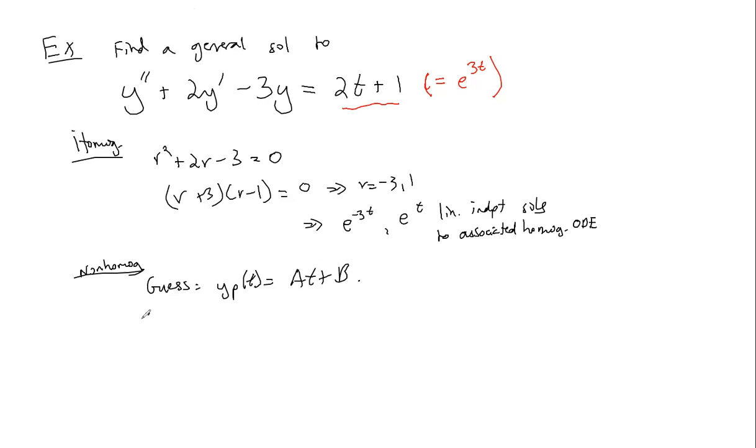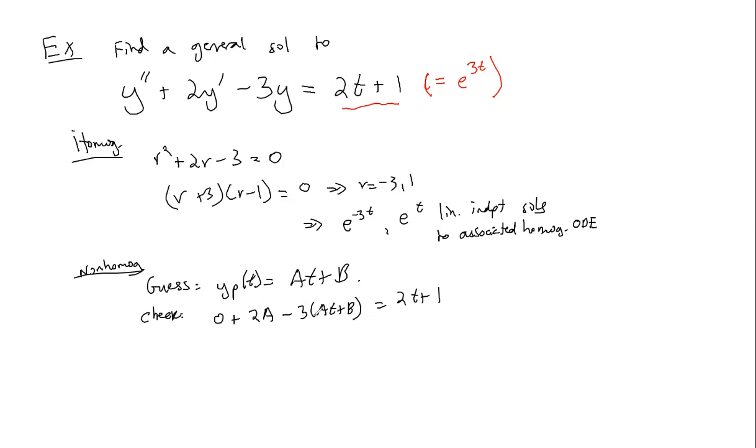And so we plug it in. Plugging it into this differential equation, we get 0 plus 2A minus 3At plus B equals 2t plus 1.